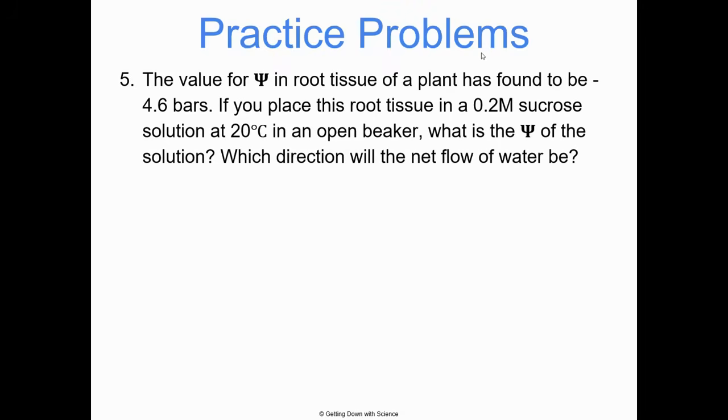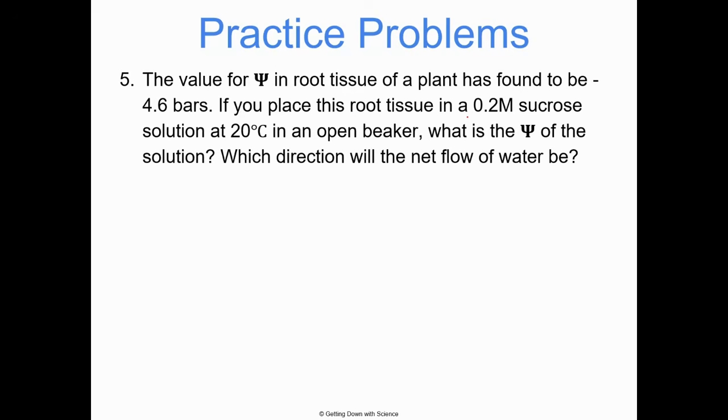All right, so now let's go ahead and look at number 5. This is a 2-step problem. That's your hint. So go ahead, take a minute, calculate this, and then we'll come back together. Okay, so firstly, we need to figure out water potential. But in order to figure out water potential, we have to figure out solute potential first. So we're looking at the solute potential of the solution. So let's go ahead and read through this.